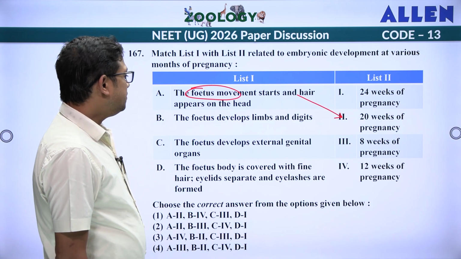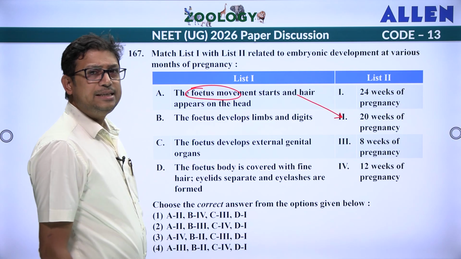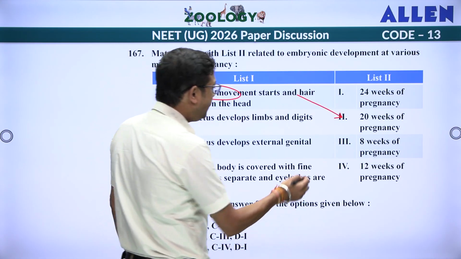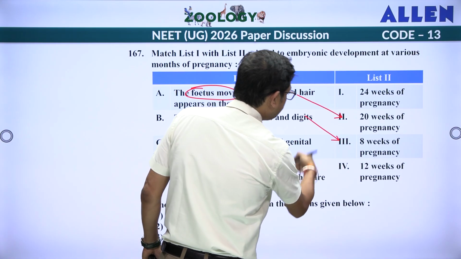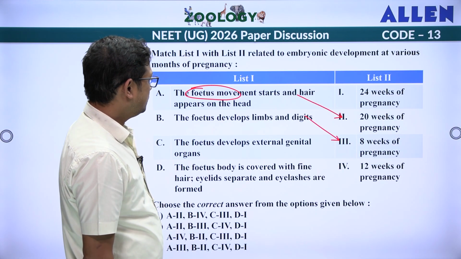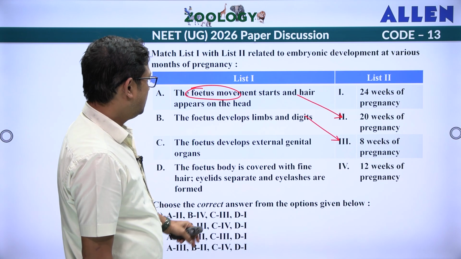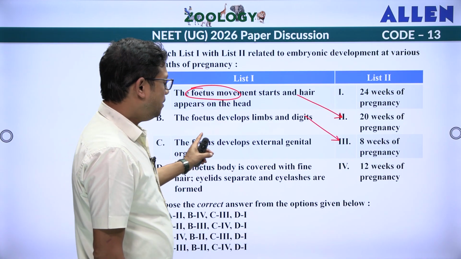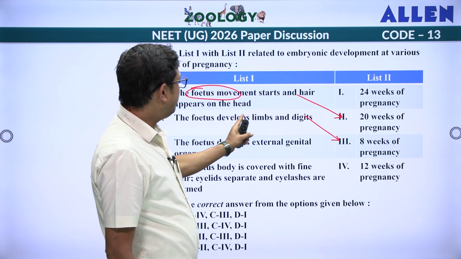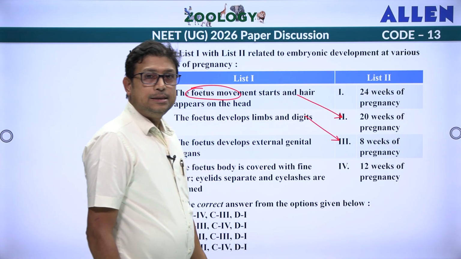The fetus develops limbs and digits. Limbs and digits are formed by the end of the second month, not second trimester, second month, which is 8 weeks.